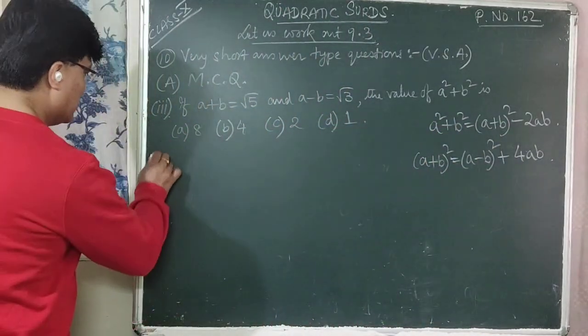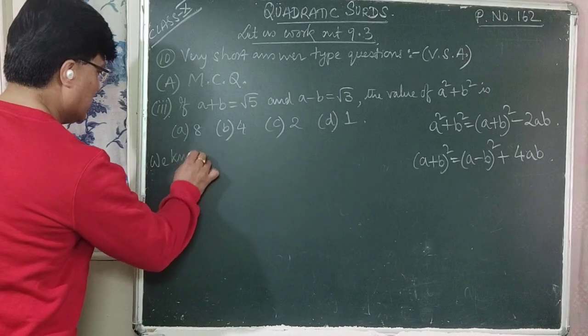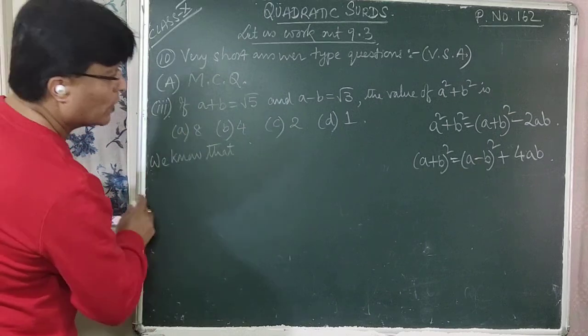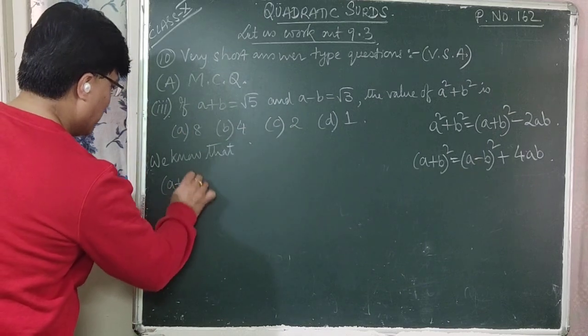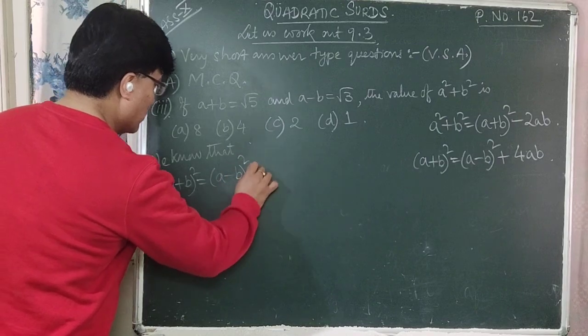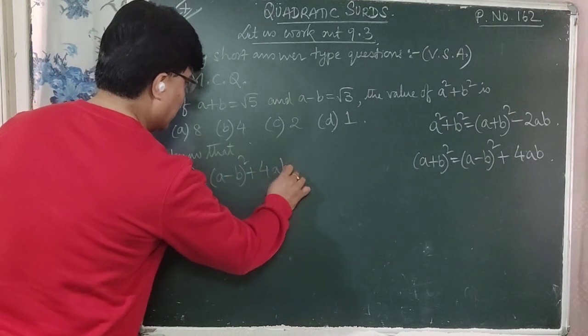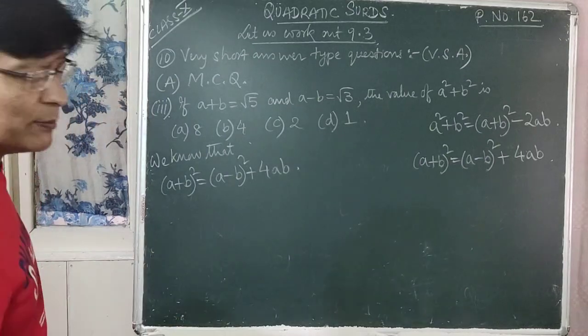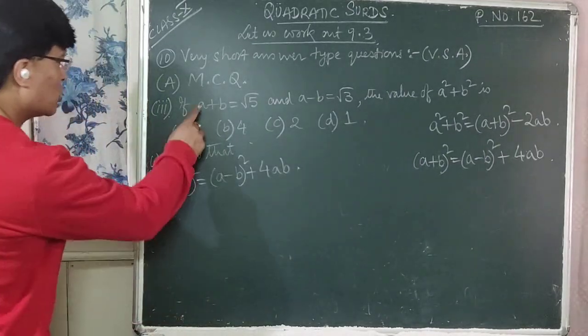So right now, we know that a plus b whole square is equal to a minus b whole square plus 4ab. Is that clear? So what is a plus b whole square?